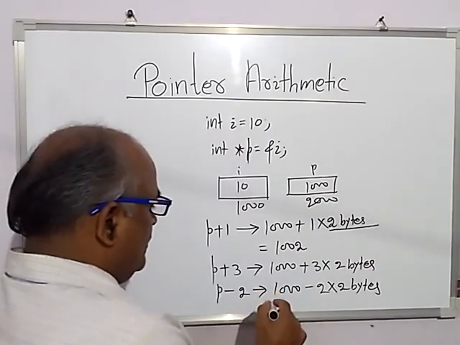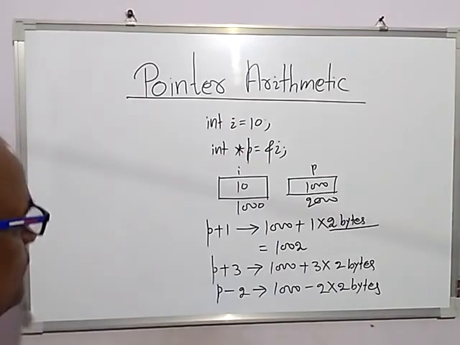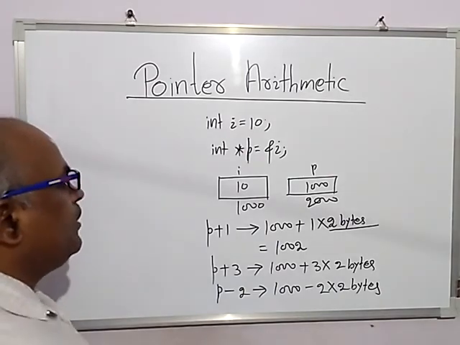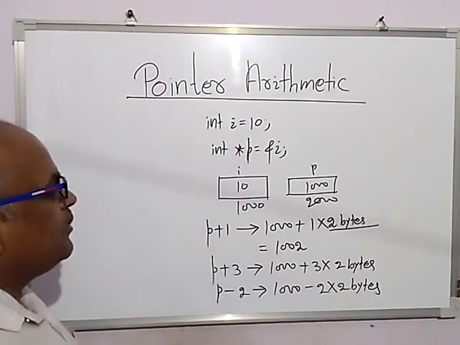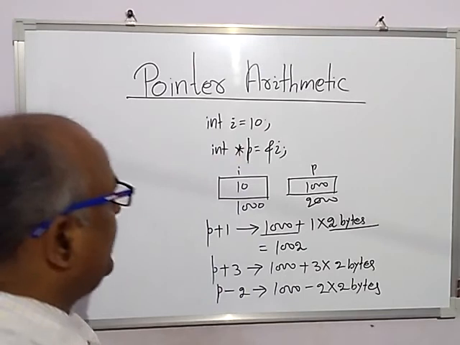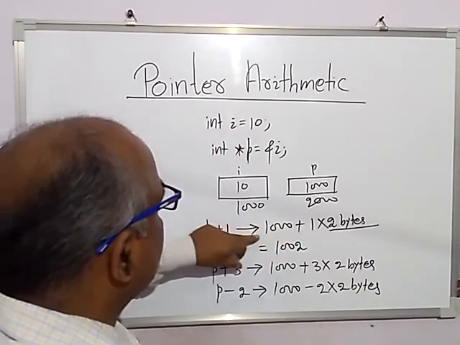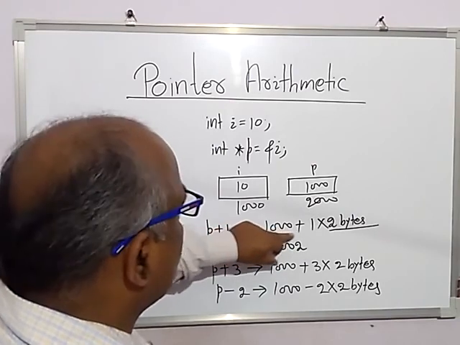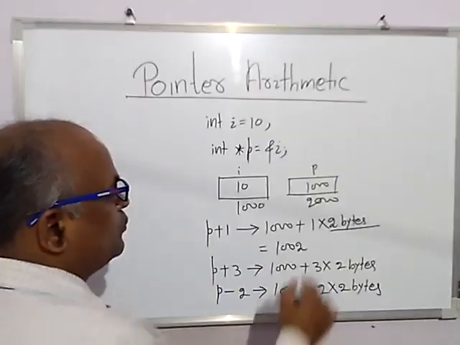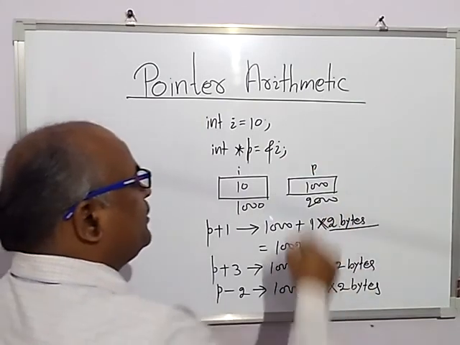So if you add or subtract any integer value to a pointer variable, the address is calculated from the pointer value plus or minus the integer times the size of the data type the pointer points to.